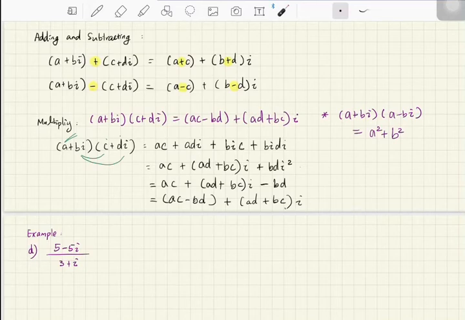Here I want to talk about the relationship between those two complex numbers, a plus bi and a minus bi. We actually call them conjugates. The property, or the definition, for conjugates is that when they multiply, we have a squared minus b squared, or a squared plus b squared, because we have a complex number, so it's actually a squared plus b squared.